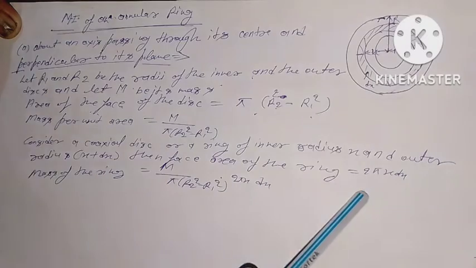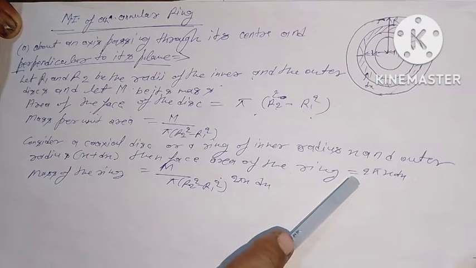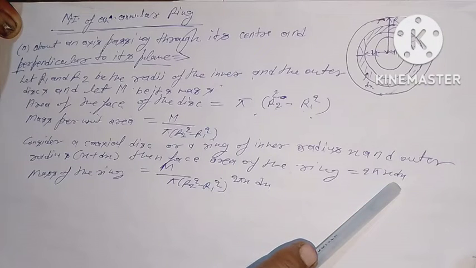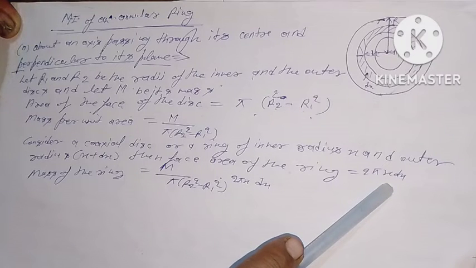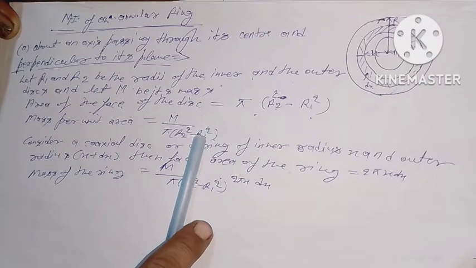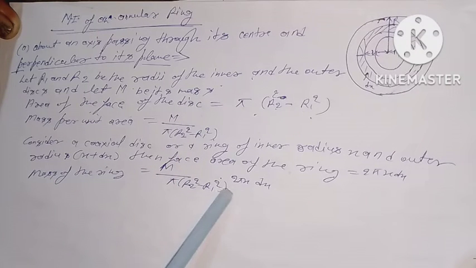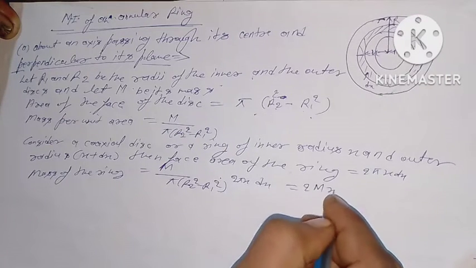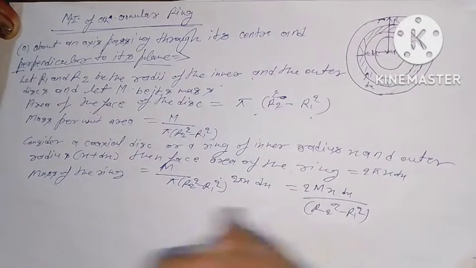Then the face area of the ring is 2 pi x dx. Then the mass of the ring is capital M upon pi (R2 square minus R1 square) into 2 pi x dx, that is 2 capital M x dx upon R2 square minus R1 square.